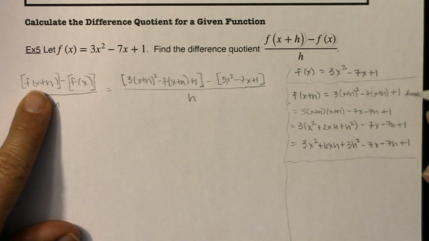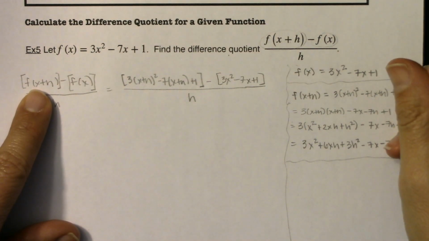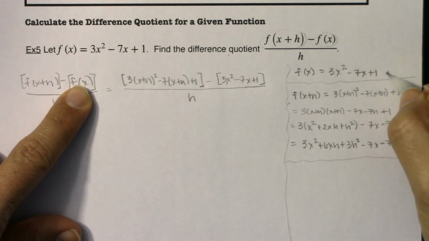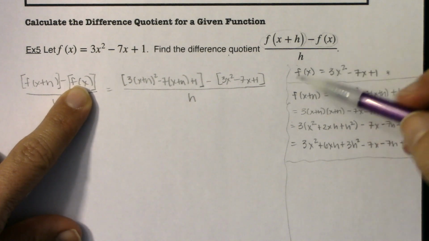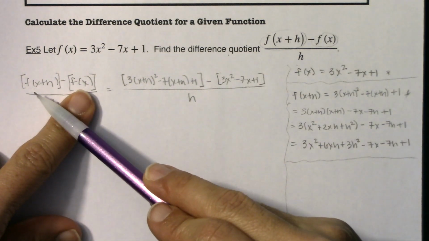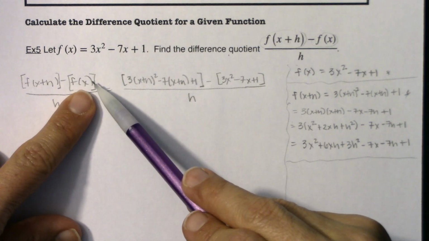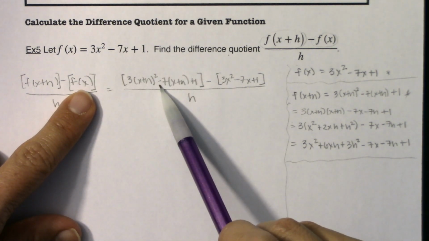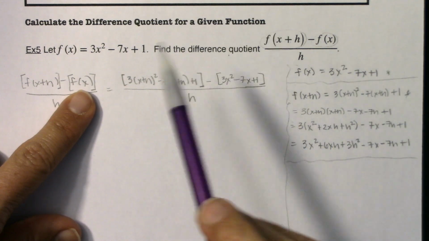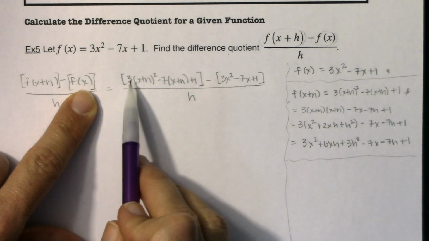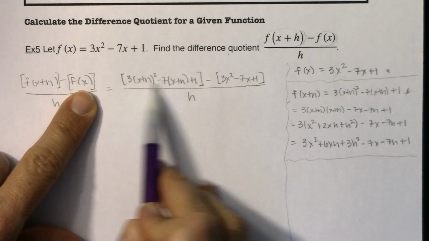So I substituted this line, and then for f of x, I'm going to substitute this line. So this is the first pass: me literally subbing in my particular function evaluated at x plus h, and my particular function for this problem evaluated at x. So it's this quantity minus this quantity over h. Once I'm through here, all of the algebra is going to play out. Now, I already did all of this algebra.